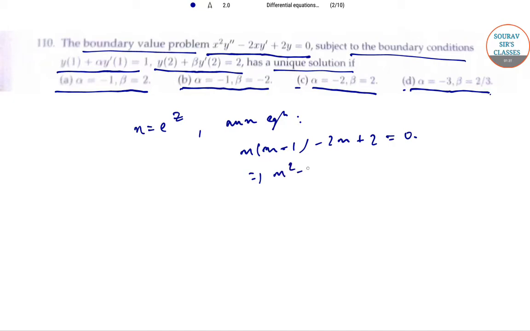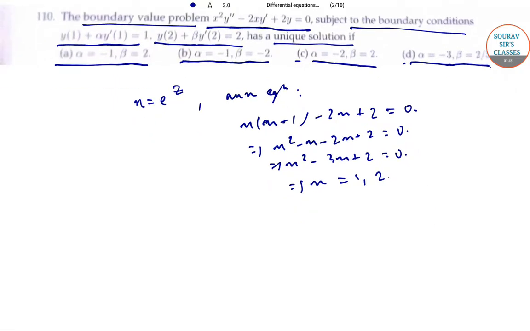That is m squared minus m minus 2m plus 2 is equal to 0, or m squared minus 3m plus 2 is equal to 0. Now on solving this you will get m is equal to 1 or 2. So the solution becomes y is equal to c e to the power z plus d e to the power 2z.